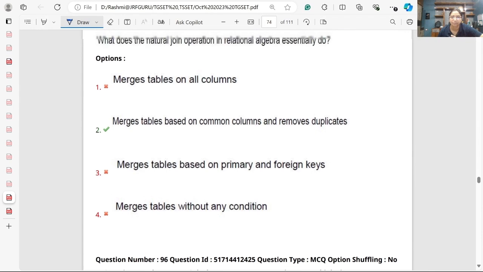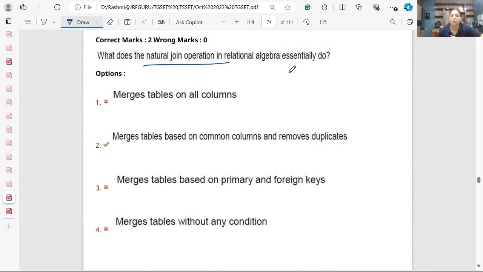What is the natural join operation in relational algebra essentially? Natural join performs a merge operation, merging the tables on the common column and removing the duplicate as well. Merge the tables on all columns, no. Over the common column.